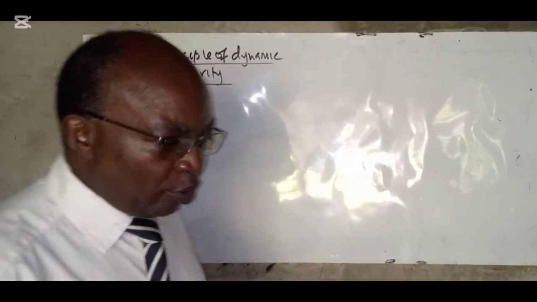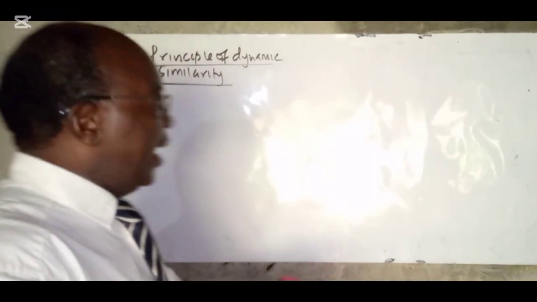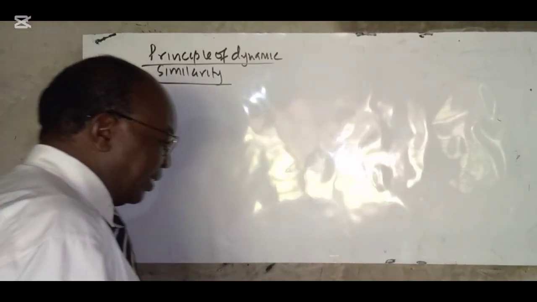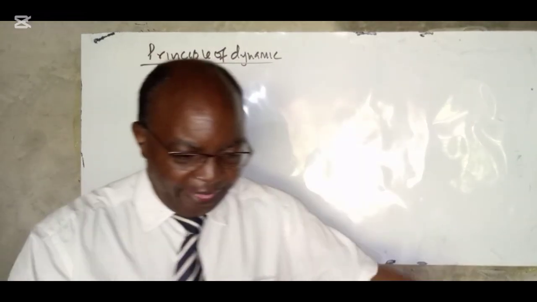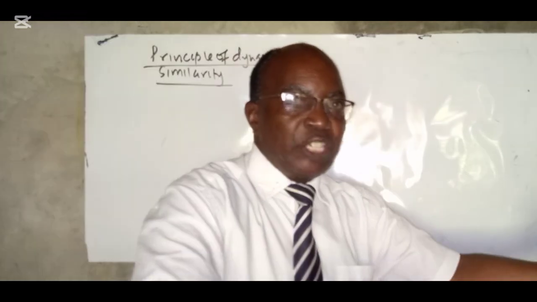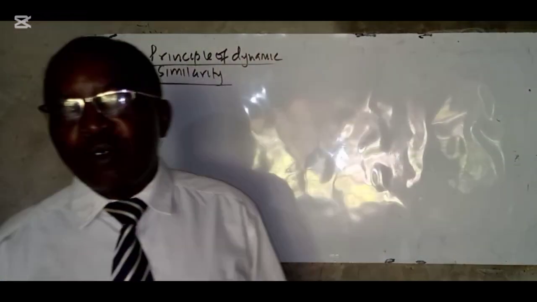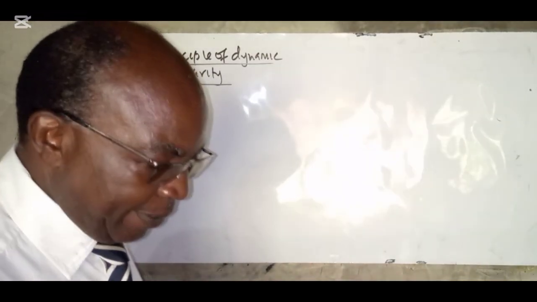So today we want to look at systems which have dynamic similarity. They have some sort of equivalence, so that if you know this, you can transpose that information to get information on that other system which you are considering as being dynamically similar.